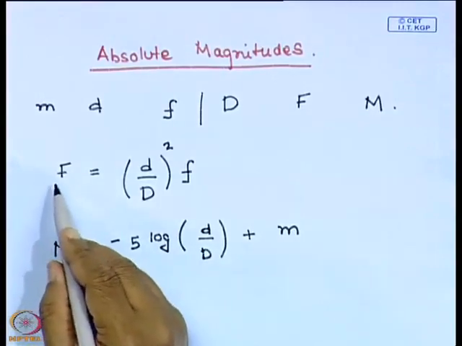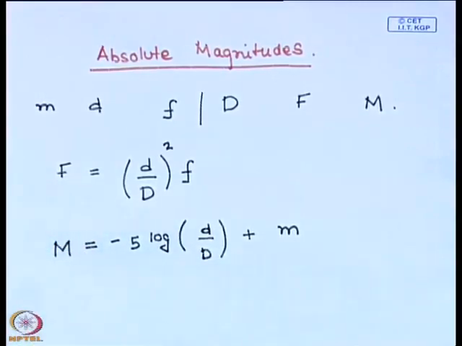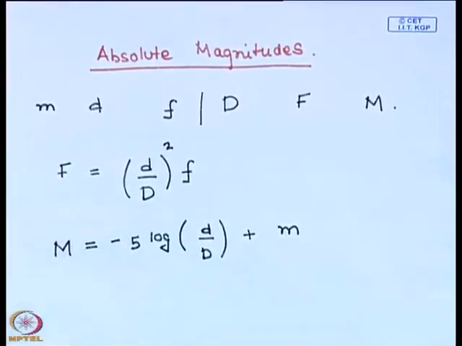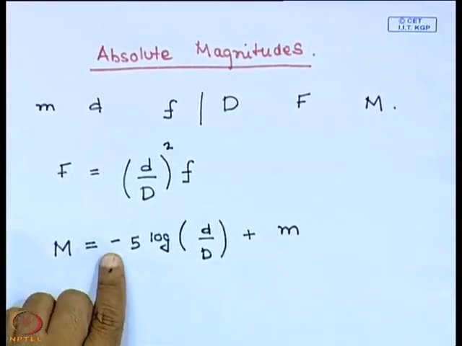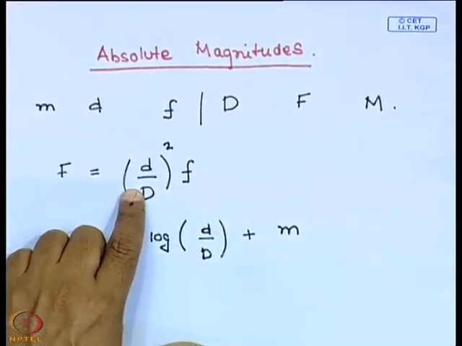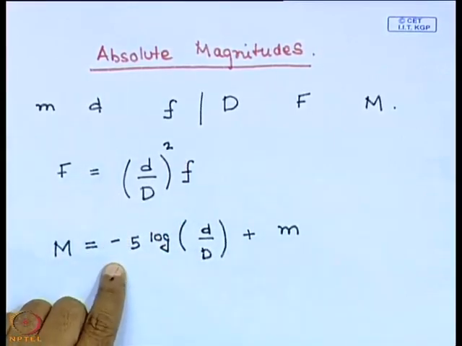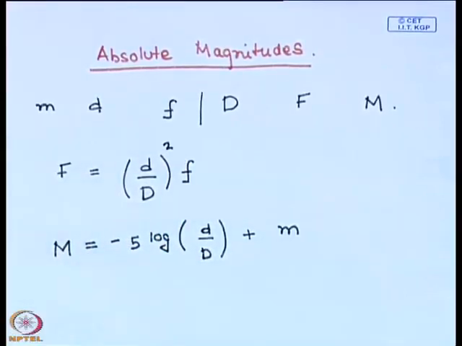I have to take log and then multiply it with minus 2.5, that will give the magnitude corresponding to a distance capital D. Similarly, I have to take log here and then multiply with minus 2.5, which will give me minus 5. Okay. So, this is it.